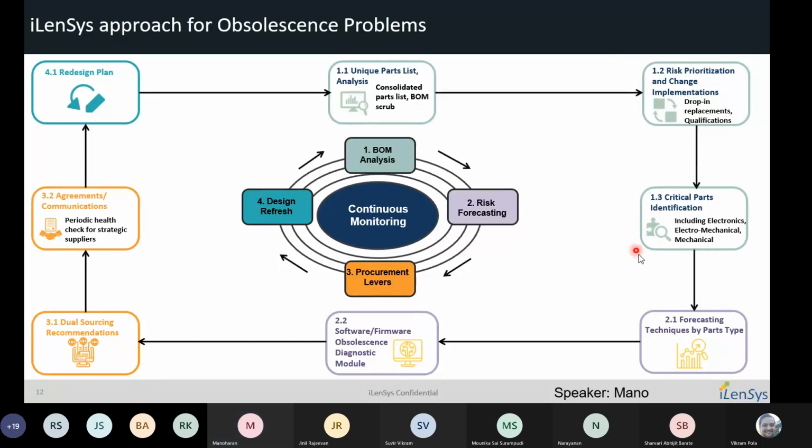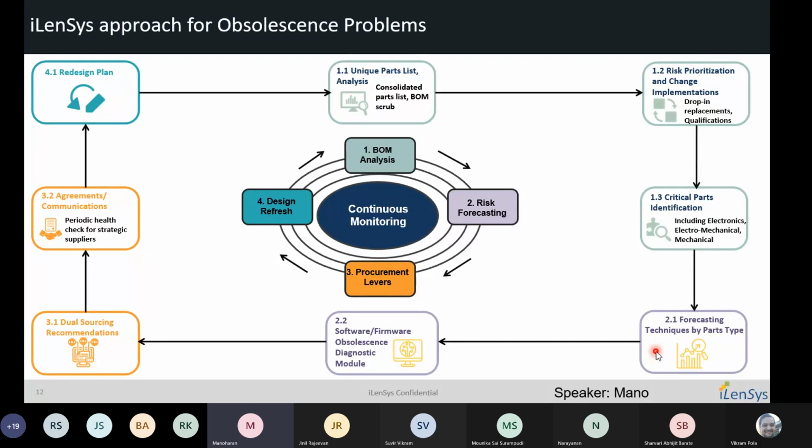And then we move on to the next stage, which is the second step, risk forecasting. Again, based on the type of components, we have the methods. We looked at the electromechanical, some samples today. In the same way we look at electronics and some of the mechanical components as well.